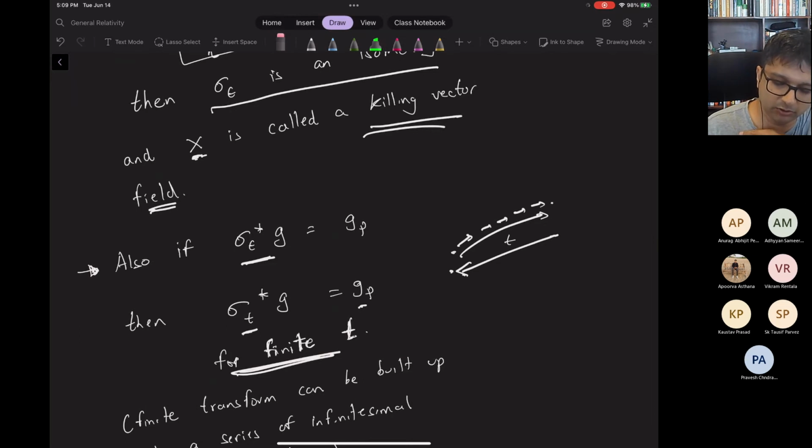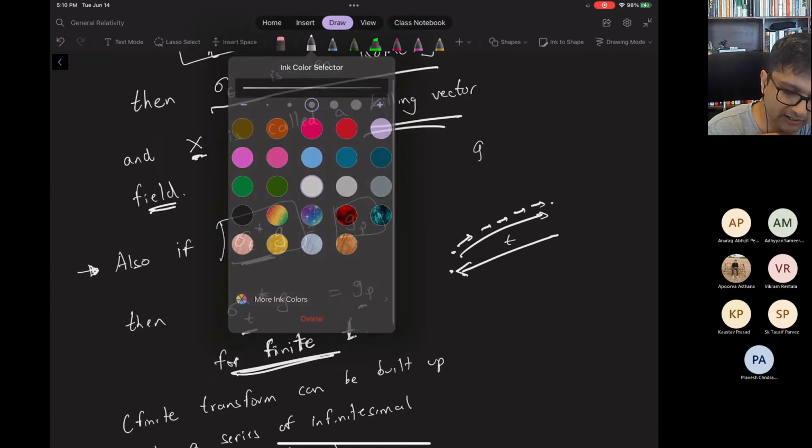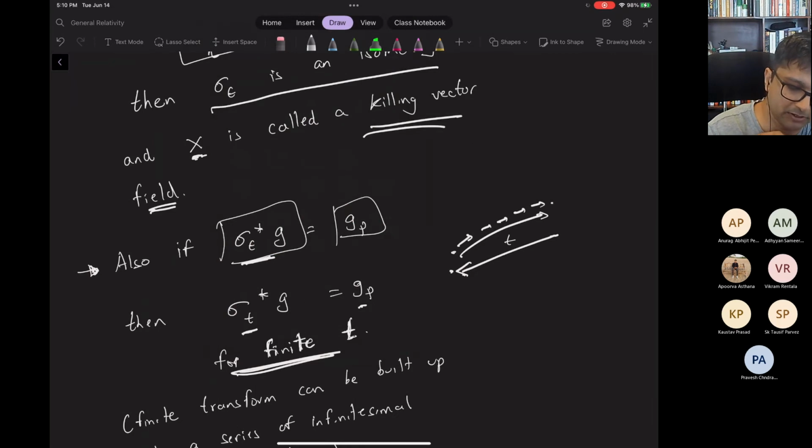The difference between the left hand side and the right hand side of this equation, we define the Lie derivative as the difference between those two divided by epsilon, in the limit epsilon goes to 0. This is what we call the Lie derivative of g along X.